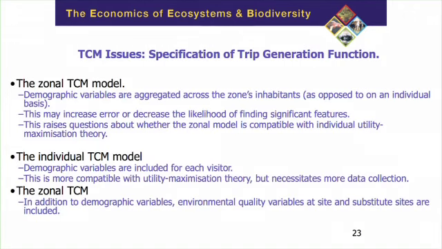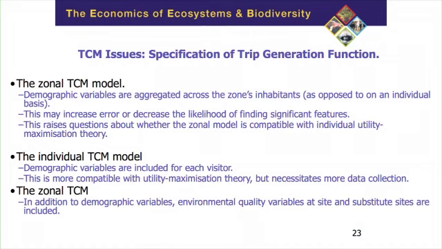So in the basic zonal travel cost model, we're aggregating everything across everybody living in that zone. So it's very basic in terms of that. And you're not getting any variation in terms of people's social demographics or differences in people's travel time.